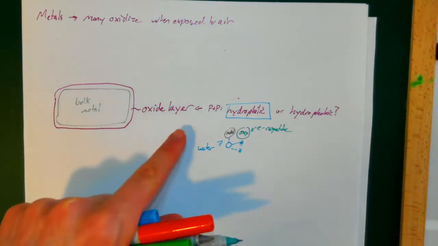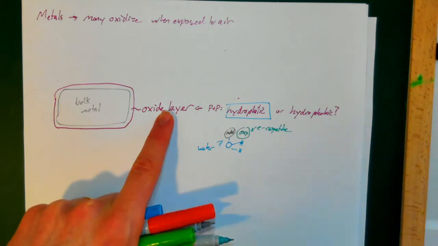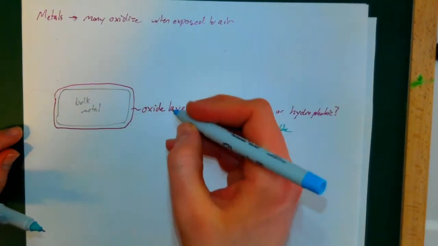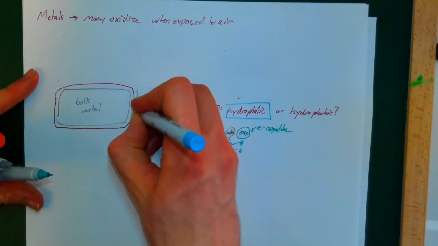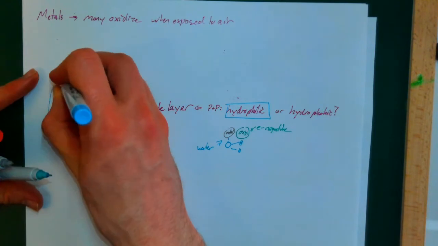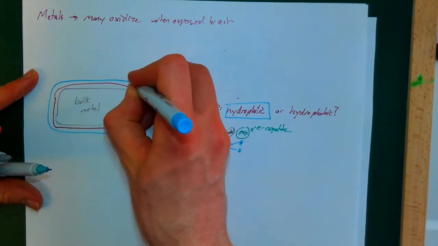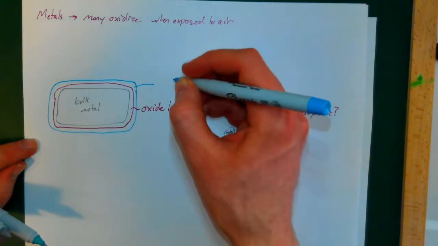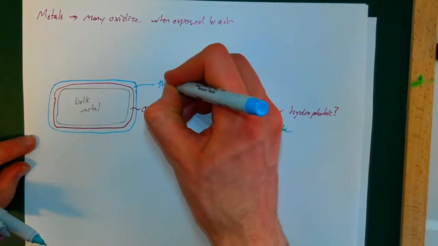So what does that mean? Almost always, even if it doesn't feel wet, surrounding the oxide layer is a potentially atomically thin layer of adsorbed water.